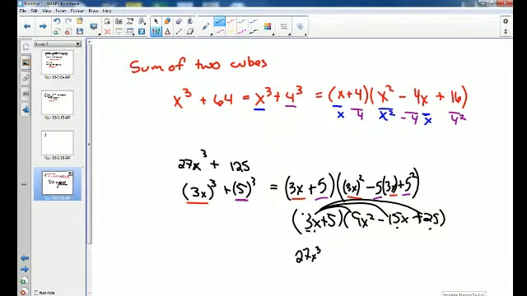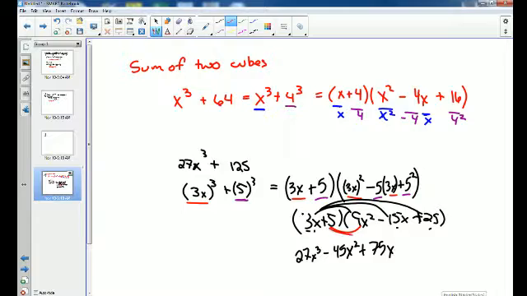All three of these: 3x times negative 15x, 3x times 25. I'm not going to ask you this on the test, it's purely extra.